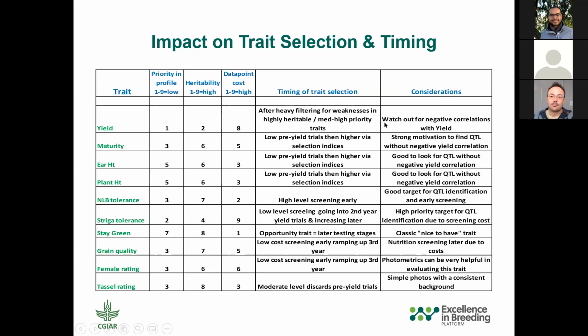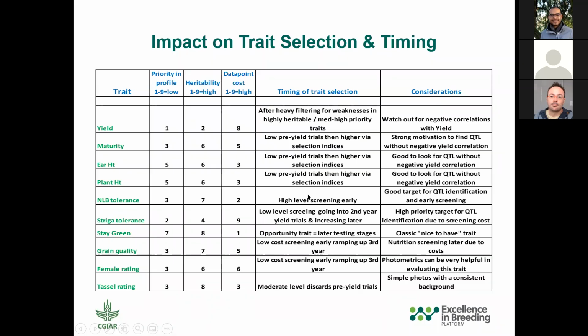Okay, now that selection will be limited a little bit, of course, because you have to watch out for any negative correlations with yield. Okay, dropping down this trait list a little further, we have northern cornleaf blight, common foliar pathogen, high priority in many markets. The good news is it's highly heritable, and just walking the fields and scoring it is relatively cheap. Okay, so what that means is you're going to have the high level of screening early before stuff ever gets into yield trials.